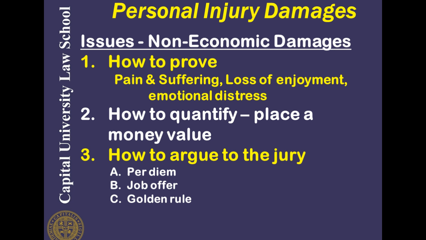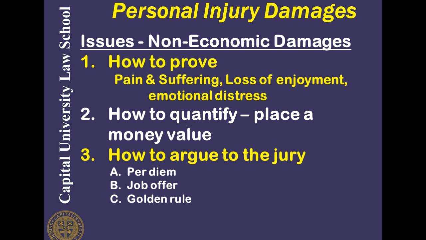So if it's $1 an hour times 10, then we would pay this plaintiff $10 a day. Now, if this occurs every single day, and we would say the plaintiff was in pain for 1 year, then we would say 1 hour times 10 hours a day times 365 days a year. You get the idea. That's how it works.